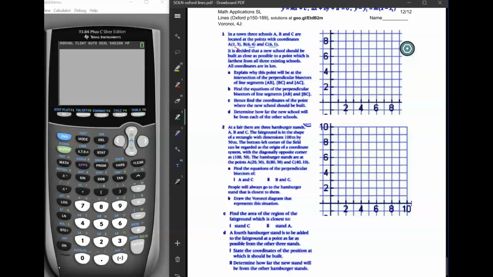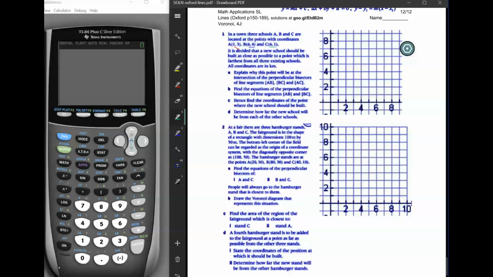And remember, in the toxic waste problem, the vertices where those perpendicular bisectors intersect are the points that are the farthest from each of the schools. So if you want the point that's farthest from all the schools, then you find the vertices of the Voronoi diagram boundaries.